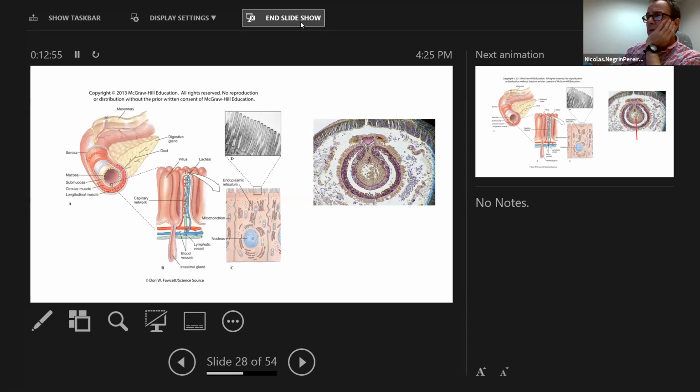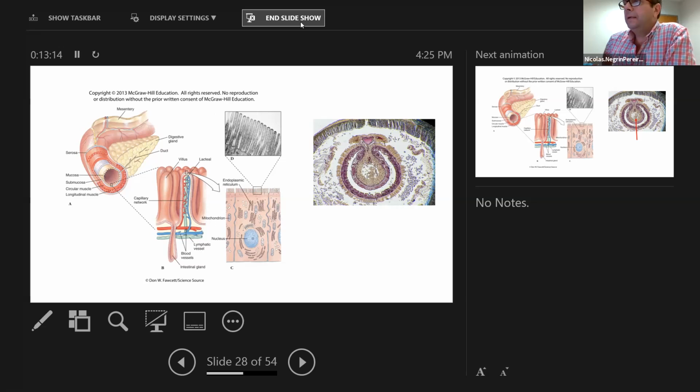Here is another diagram showing you the structure of the intestine, and you can see that the villus presents this finger shape.